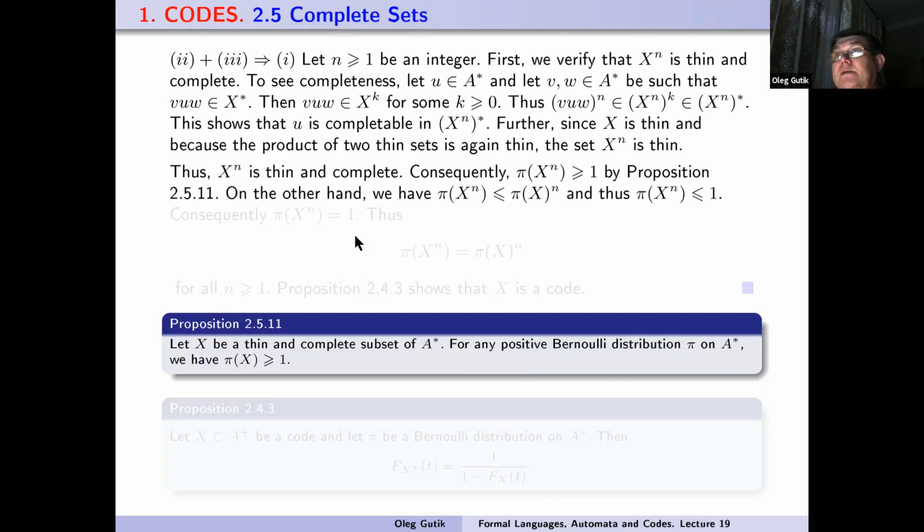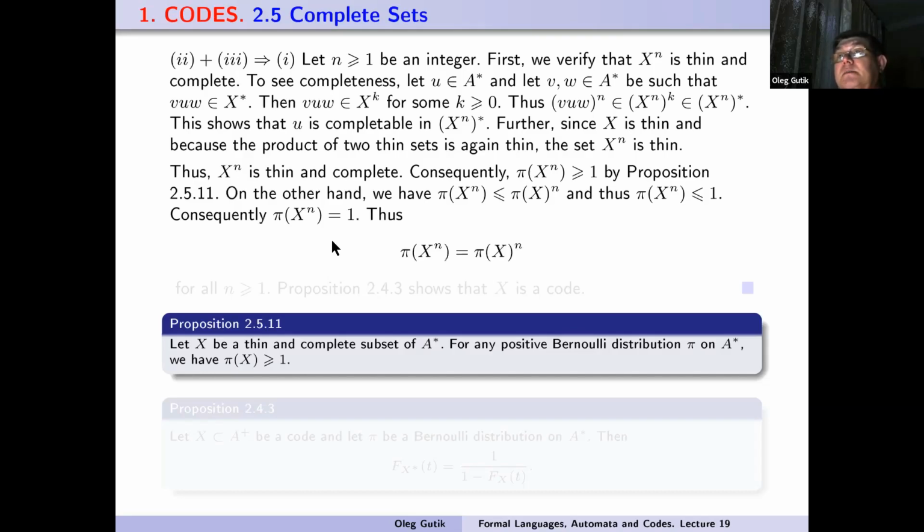On the other hand, π of X to the power n is less or equal to π of X to the power n, and thus we get that π of X to the power n is less or equal to 1. Consequently, π of X to the power n is equal to 1.